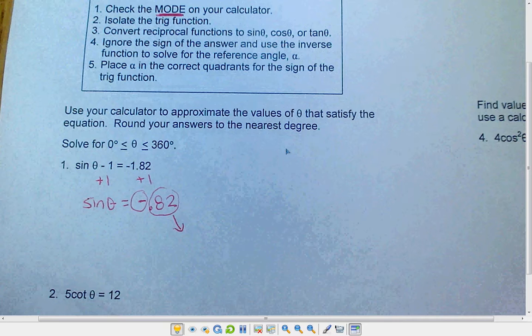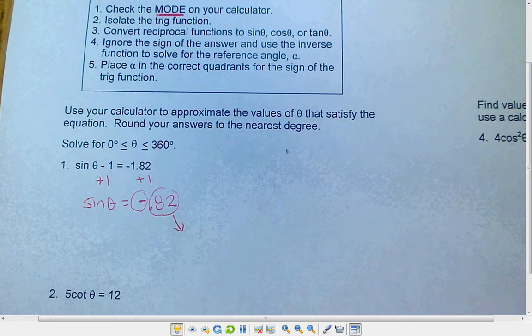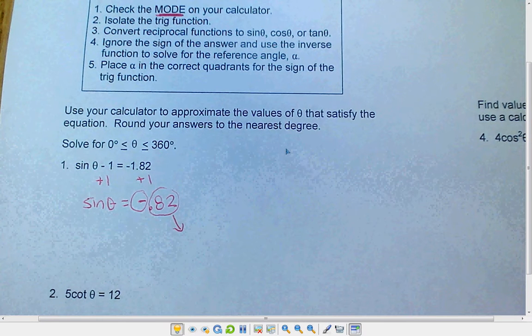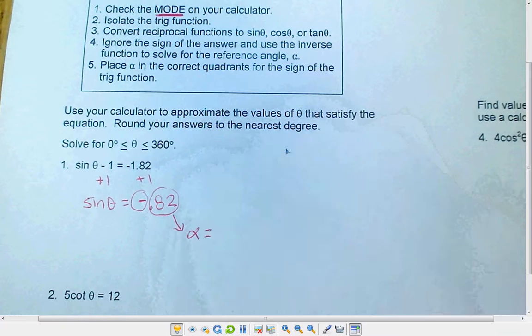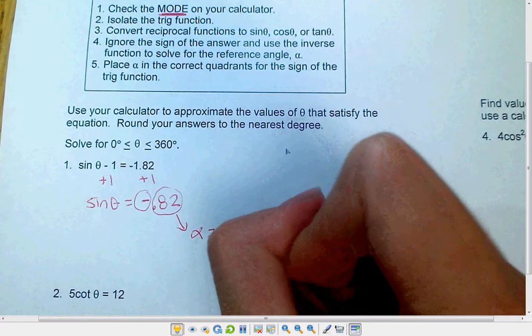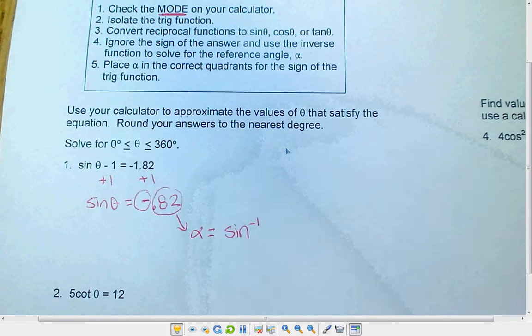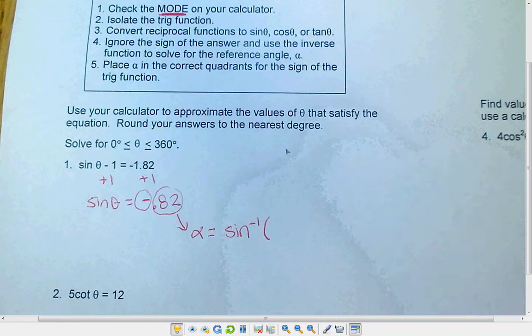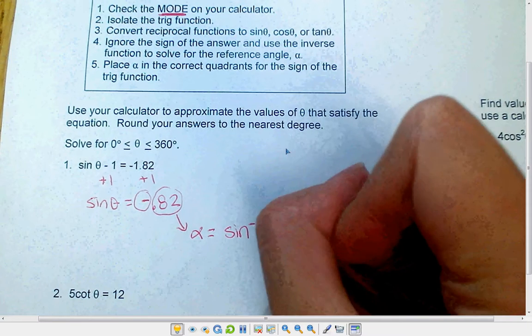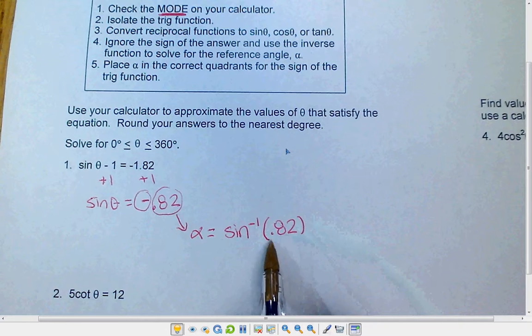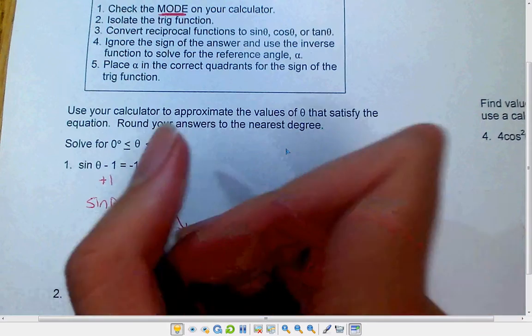So we're going to be using the inverse button on our calculator to get to our reference angle. To find alpha, there's an inverse button which looks like this, sine negative 1. We're going to use that to work backwards to get to our angle. Again, it's 0.82 because we're ignoring the negative. This is going to be a different part of our problem.